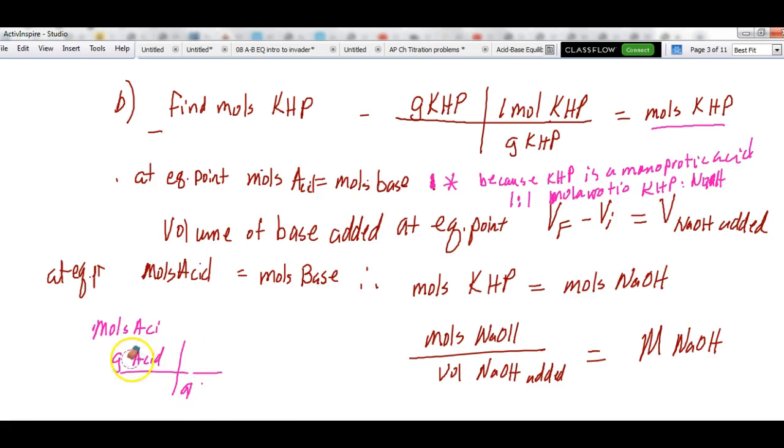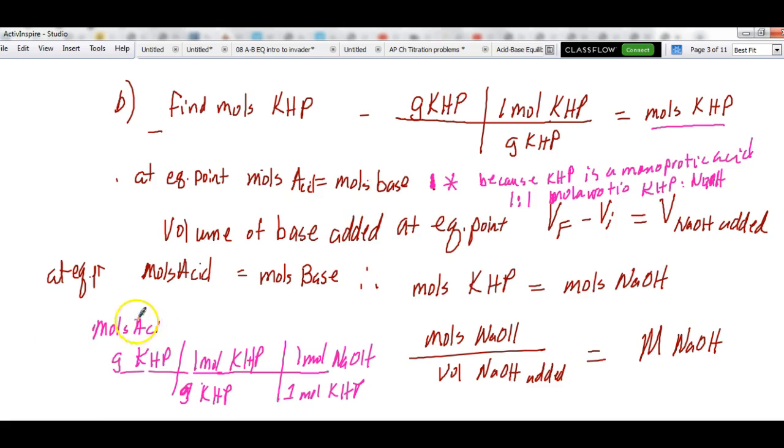So, not acid, but grams of KHP in 1 mole of KHP. And right here, we're going to show that 1-to-1 ratio. 1 mole of KHP for every 1 mole of NaOH. So we could get, not moles of acid, but moles of NaOH, starting here.